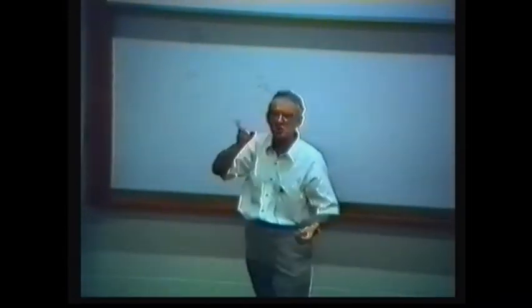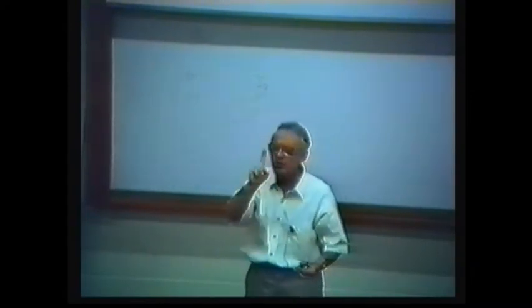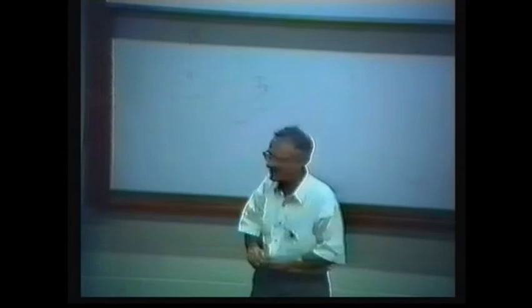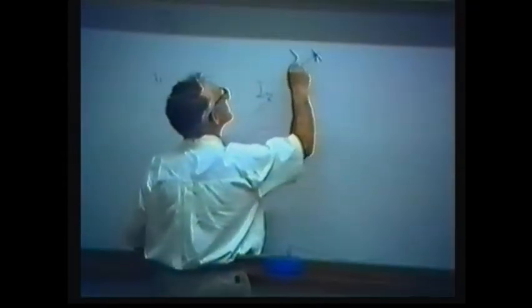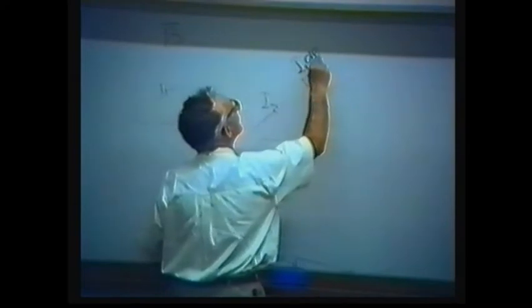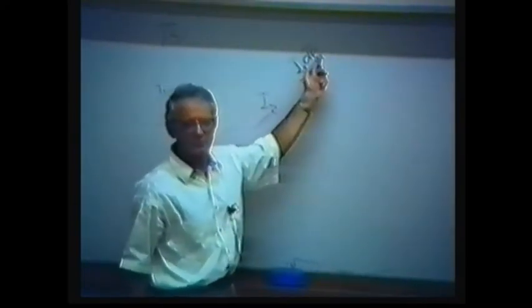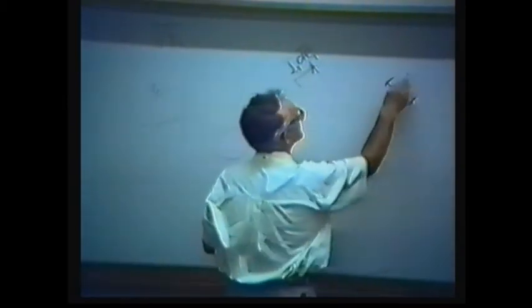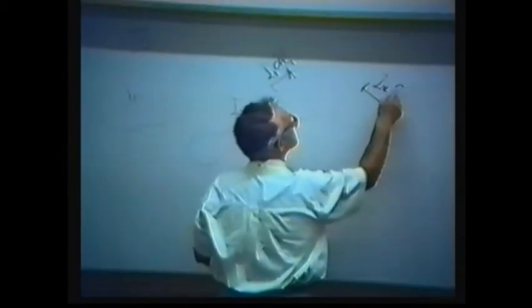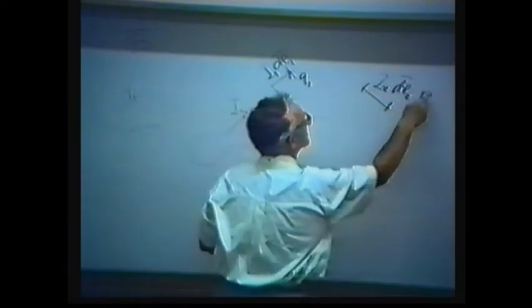So he made a genius guess. Suppose we have two current elements: I1 dl1, a length and a vector which shows the direction of charges, and there is another element, I2 dl2. Suppose that's point Q, that's point P.